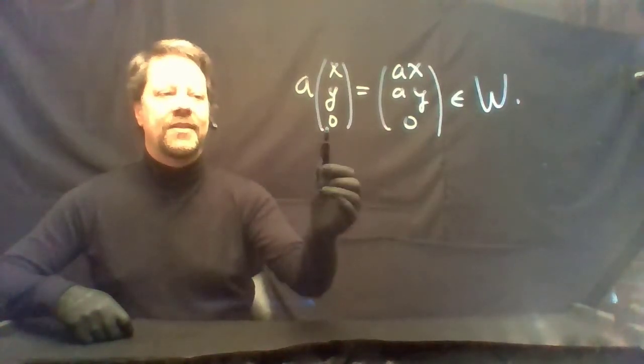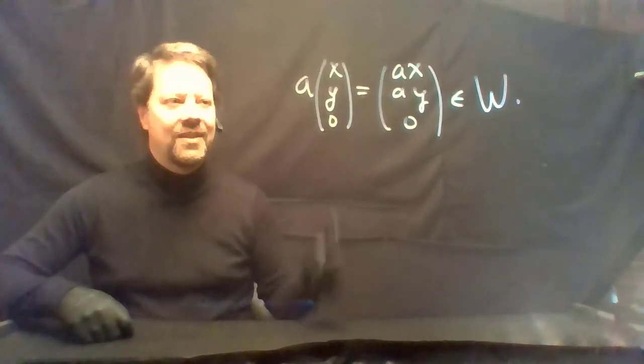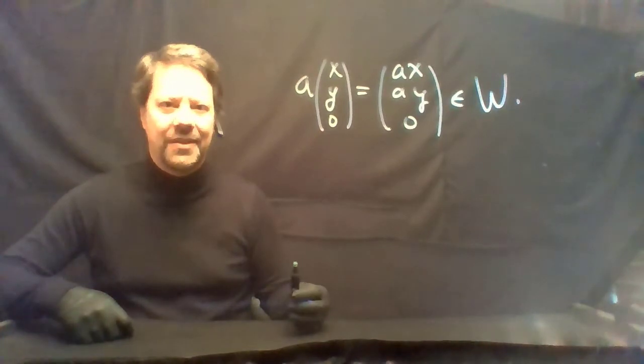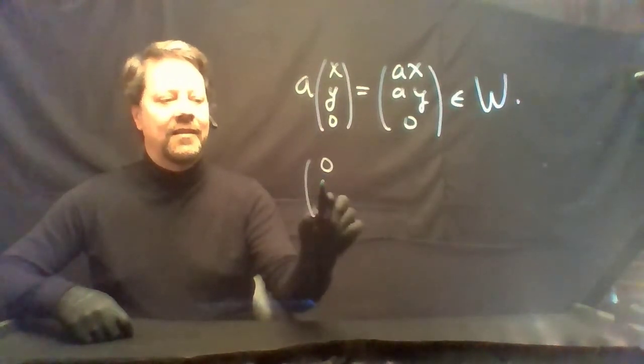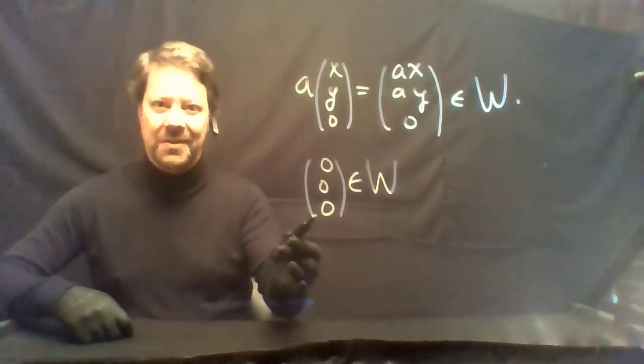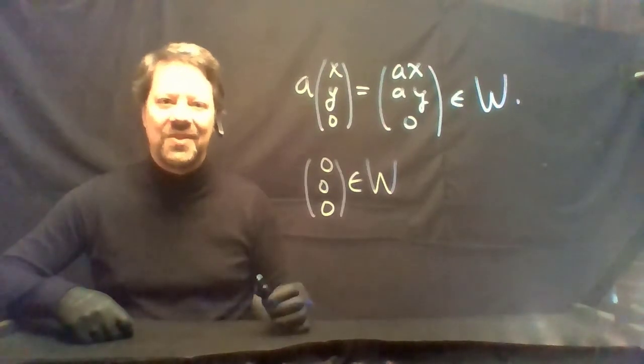So when you rescale something in W, you get something in W. So we're closed under addition. We're closed under scalar multiplication. The 0 vector is in W because it has third coordinate 0. So the 0 property is also true.